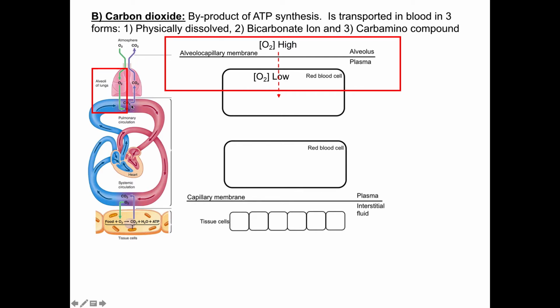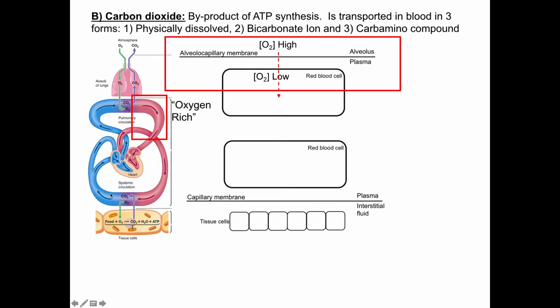As a consequence of this, the blood that leaves the pulmonary circulation is what's called oxygen rich, which means the concentration of oxygen here is higher than it is on the other side of the circulation.